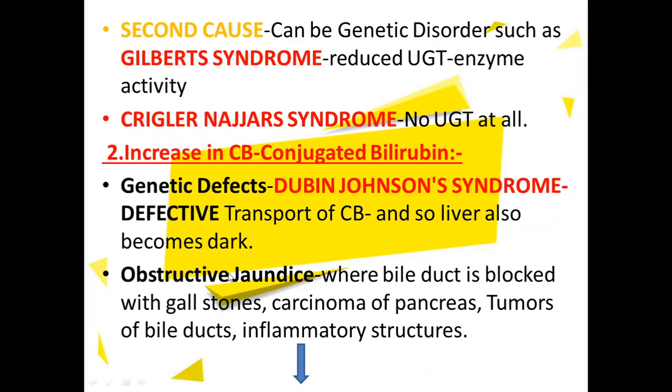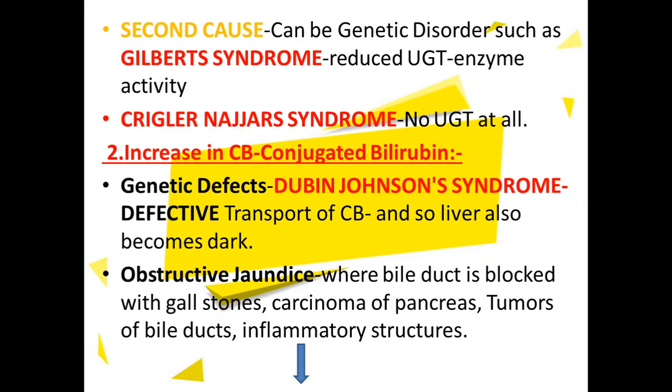First reason of increase in conjugated bilirubin. Second reason, obstructive jaundice. Now the name indicates obstruction. That means whatever conjugated bilirubin is formed is obstructed and not able to travel further.